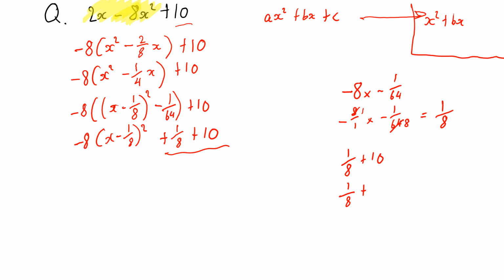So I could say it's going to be 80 over 8, like that. You add the numerators together, so it leaves me with 81 over 8, and then that's going to be my final answer. So it's going to be 81 over 8 minus what I still have left over, which is that -8, open bracket, x minus 1 over 8, all squared. So it'll look like that.